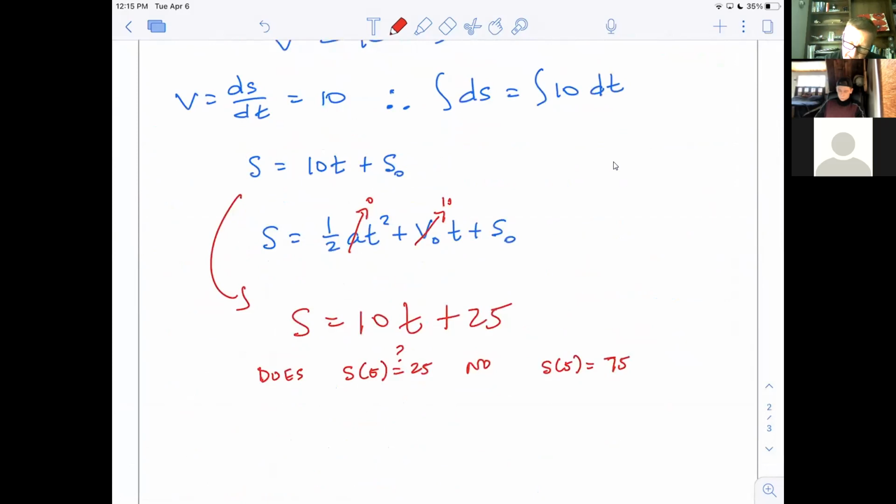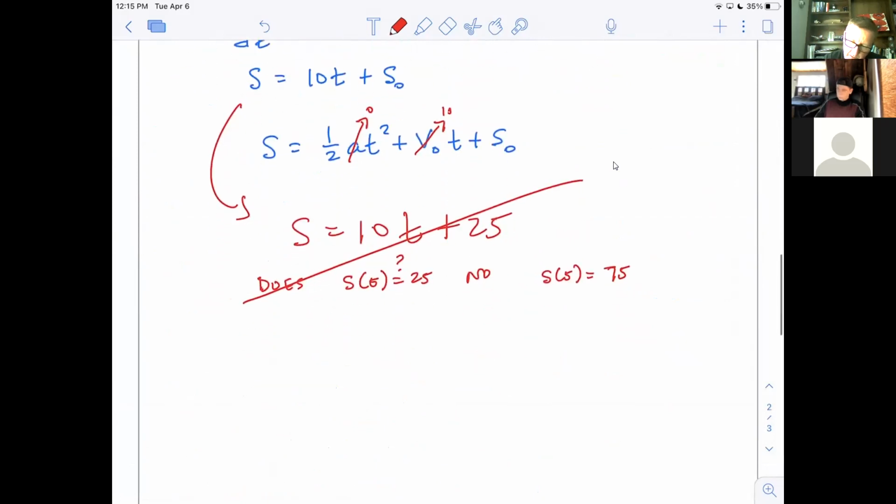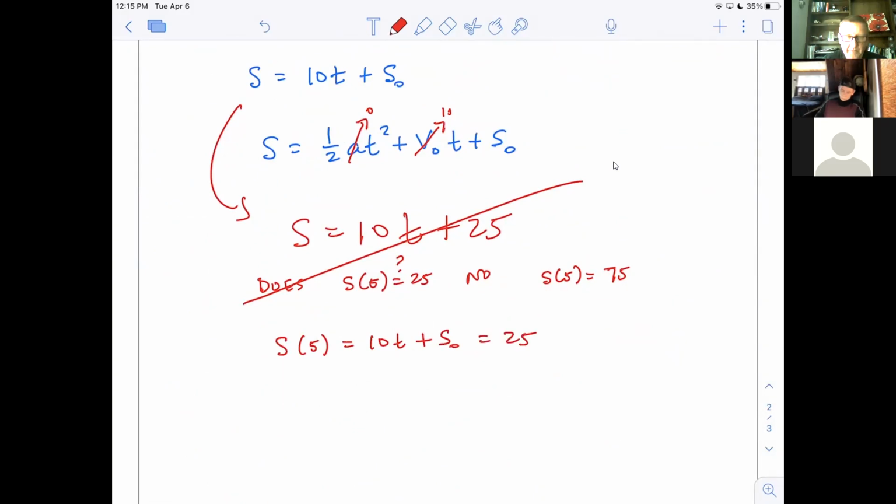What you have to say is that s equals 10t plus the initial position, but I need that to be 25. Does that make sense? I need it to be 25. And so your initial position, you've got to solve for that. It's not quite as obvious as you might think.